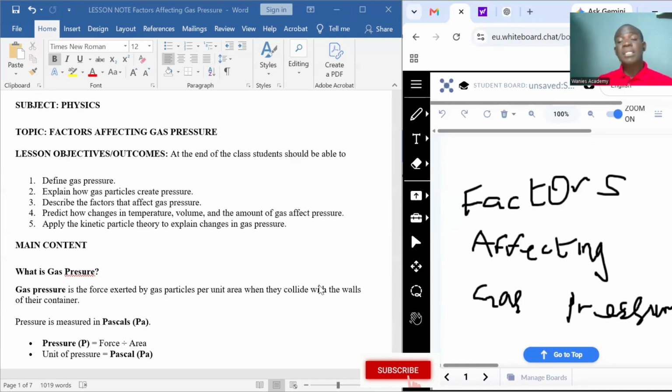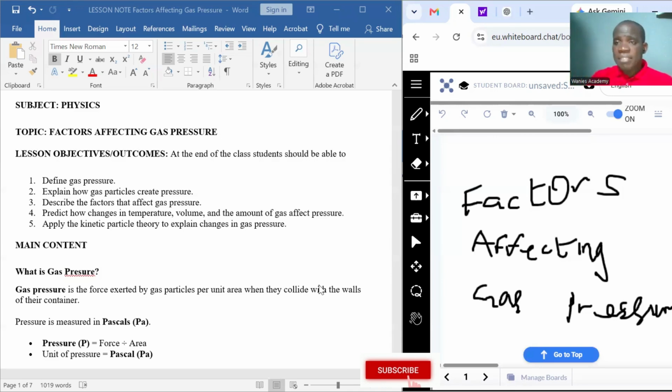When the gas is stored in the cylinder, the particles of gas, which are in constant motion within the container, collide with the wall of the container. And so, in the course of collision, pressure is created.